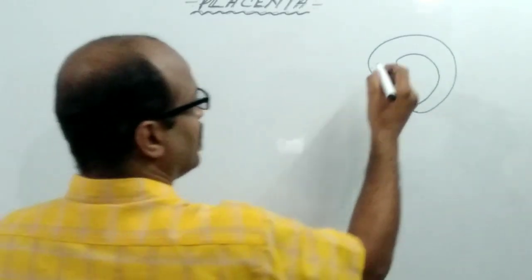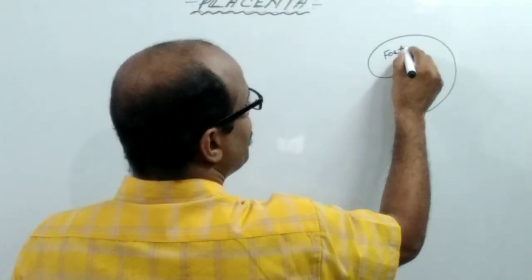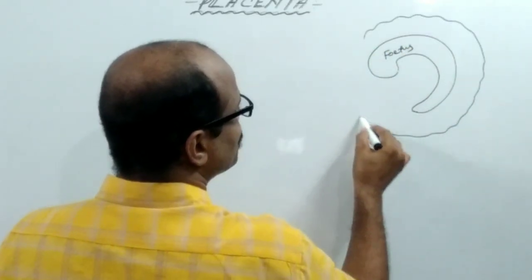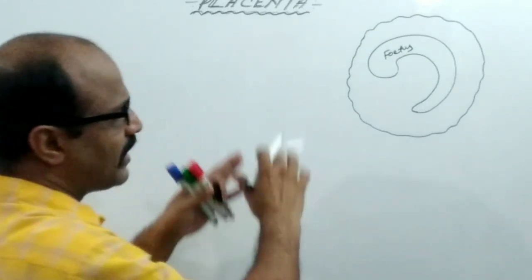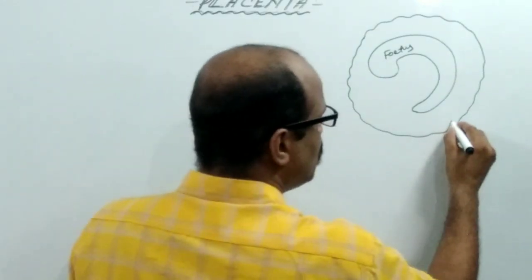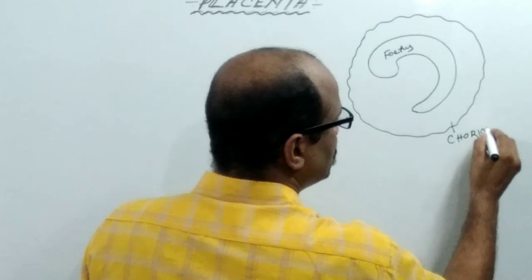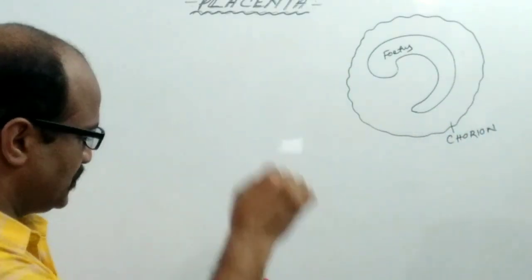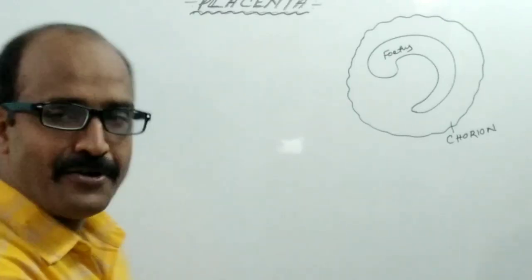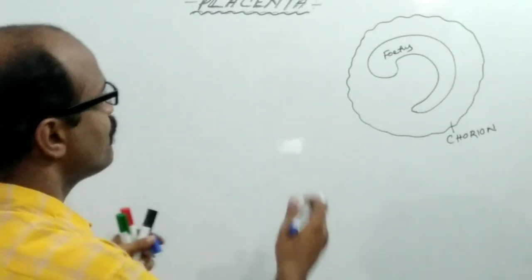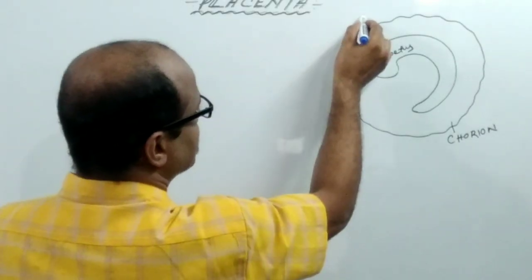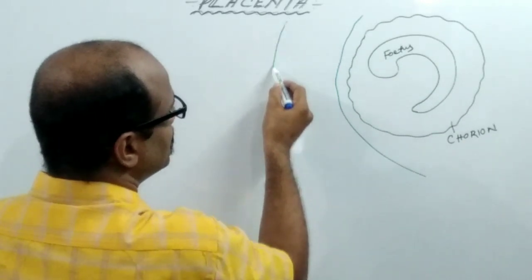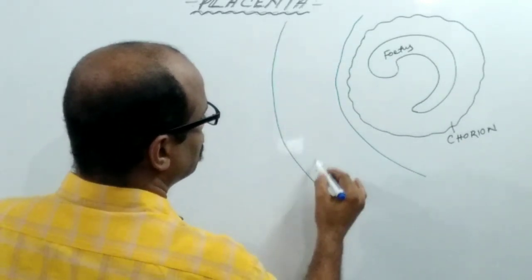Suppose that this is the fetus, and this fetus has an extra-embryonic membrane on the outside, which is known as the chorion. Suppose that this is the chorion, and this developing fetus is present inside the endometrial wall of the uterus of the mother.